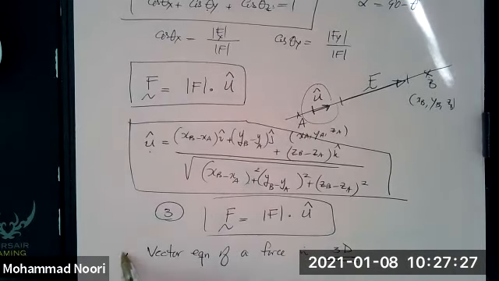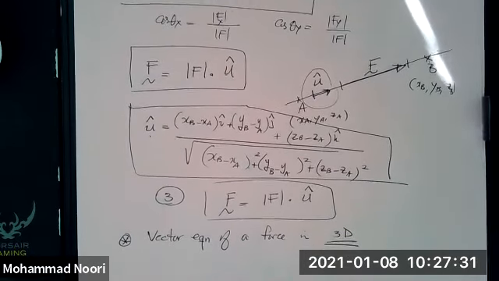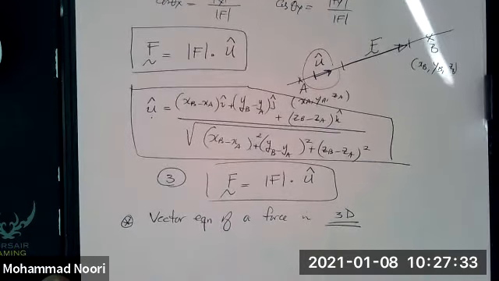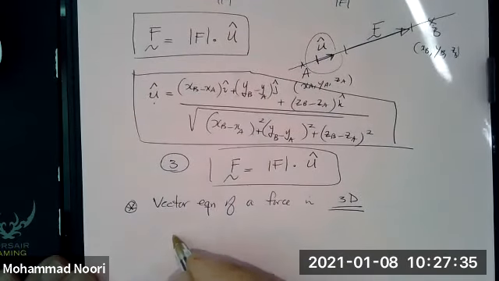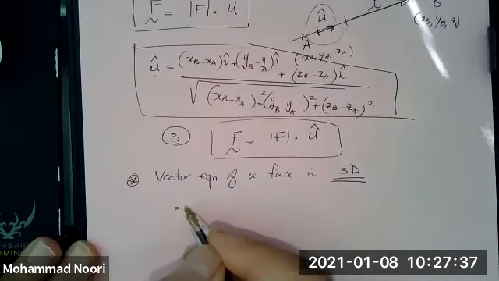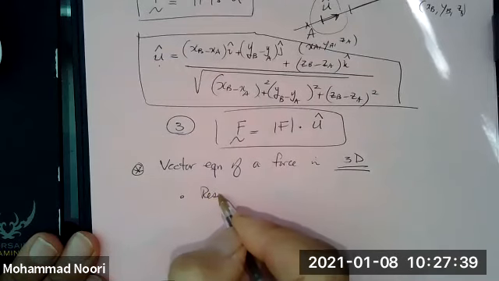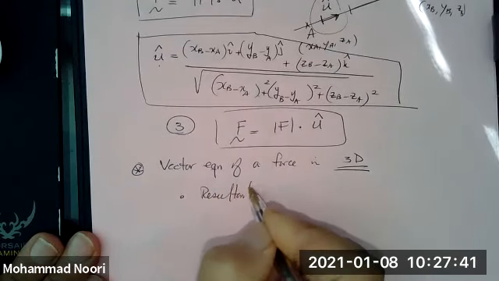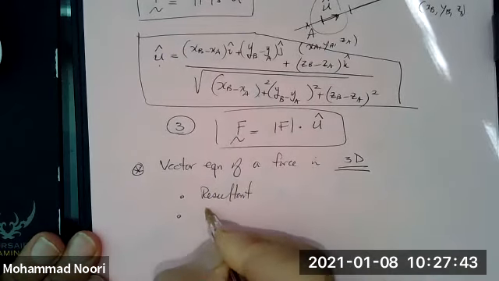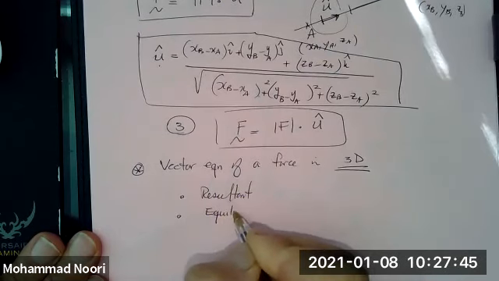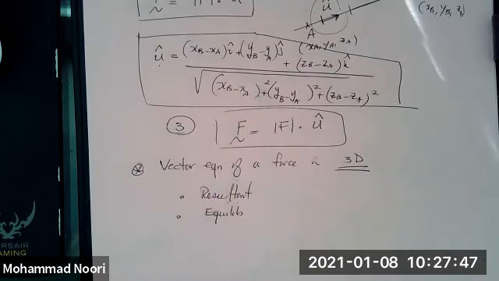Or we have described a force in the Cartesian coordinates in 3D. With that said, we can extend the two concepts of resultants and equilibrium of forces acting on a particle to 3D.